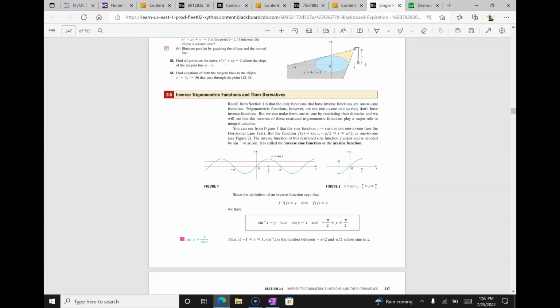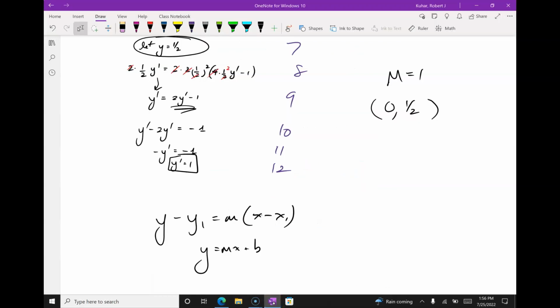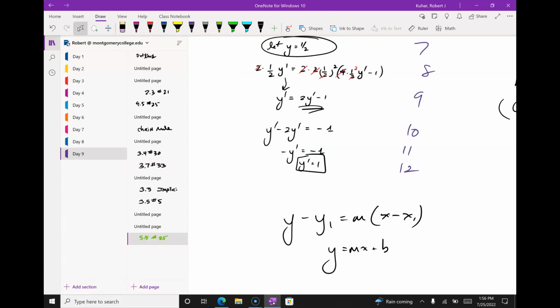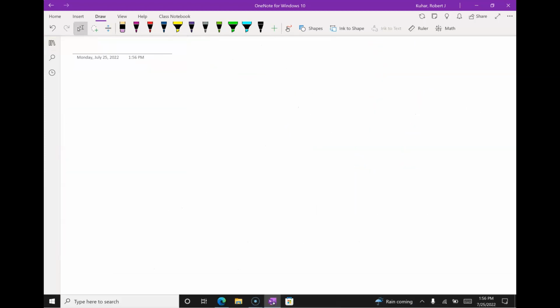If you don't remember your trigs, you certainly don't remember your inverse trigs. So it's a good idea to go read this section, go back and review your inverse trigs section from pre-cal.